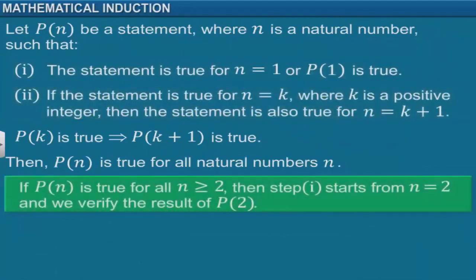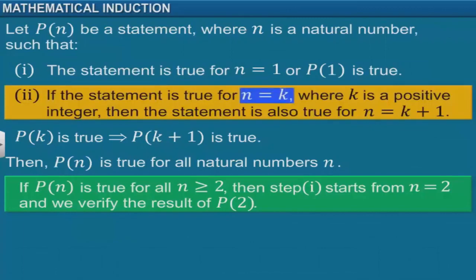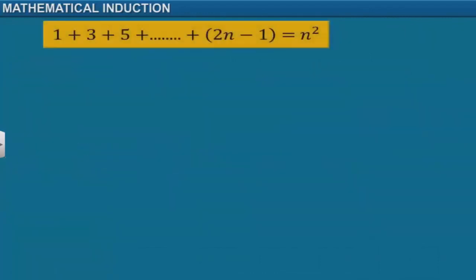If P of n is true for all n greater than or equal to 2, then the first step starts from n equal to 2, and we verify the result of P of 2. Next, if the second principle is true for n equal to k, then it is also true for n equal to k plus 1. Let's look at an example.